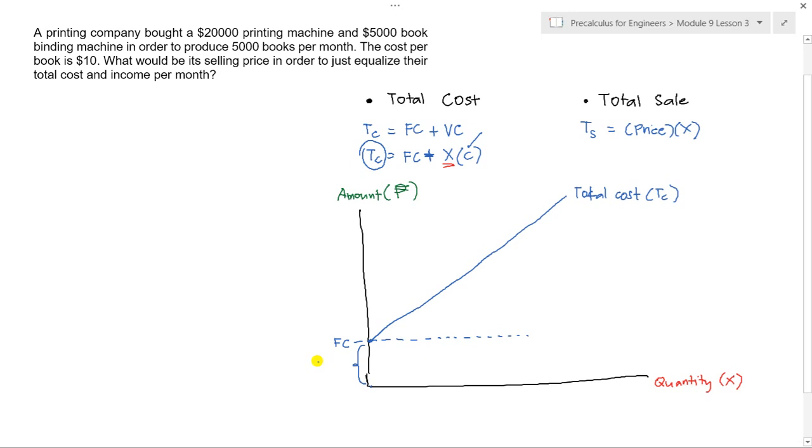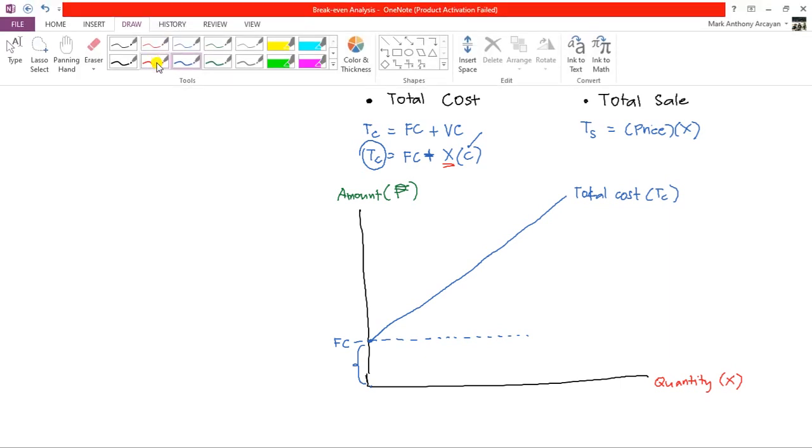And then, again, fixed cost. And then for our total sale, in layman's terms, your income: whatever your price per chicharon is, you multiply it by the number of chicharon you produced. So of course, if you have no chicharon, you have no total sale.